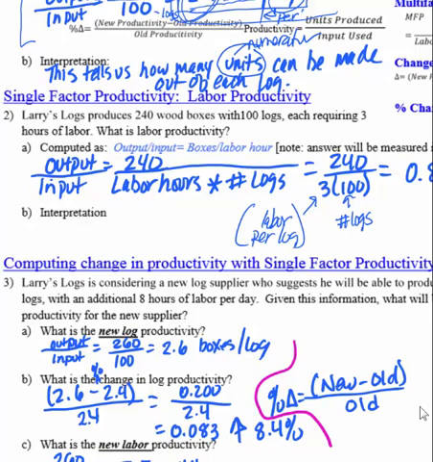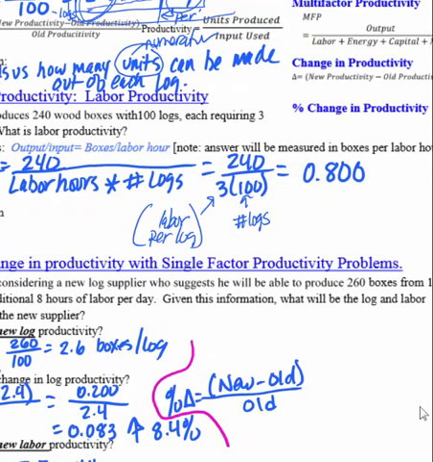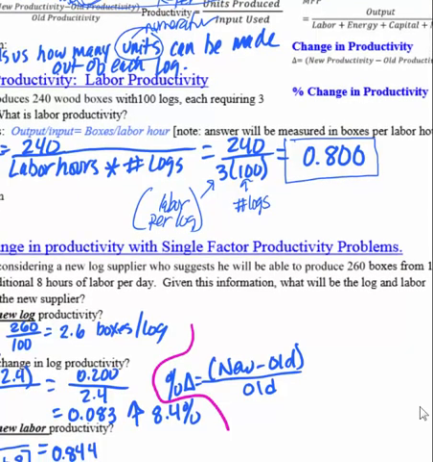In this case I tell you that each log requires 3 hours of labor. So essentially we have 300 labor hours. We take 240, divide that by 3 times 100, and we're going to get 0.8.